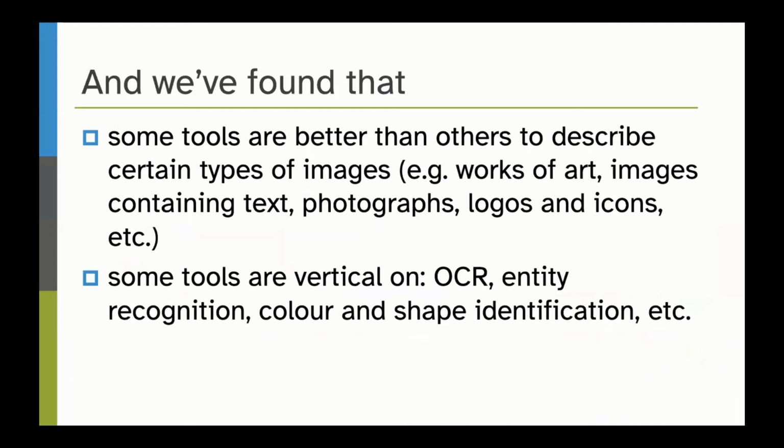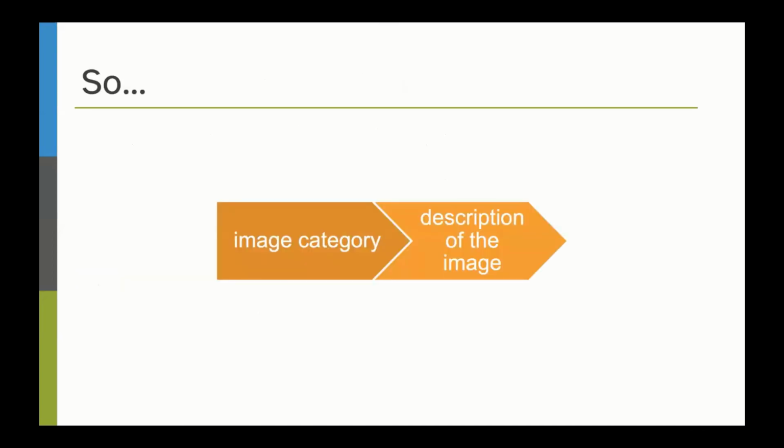And some tools are vertical on some particular features, for example OCR or entity recognition or color and shape identification, etc. So we thought of splitting the description problem into two parts. The first is to understand what category of image it is. And the second part is to describe the image itself.